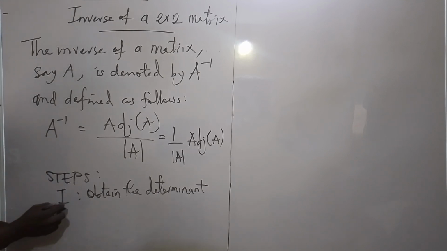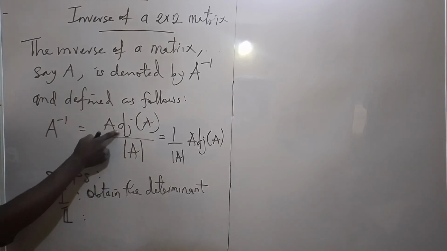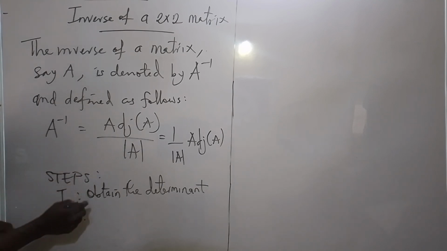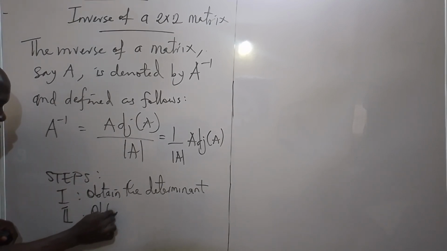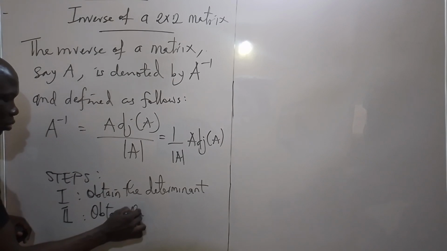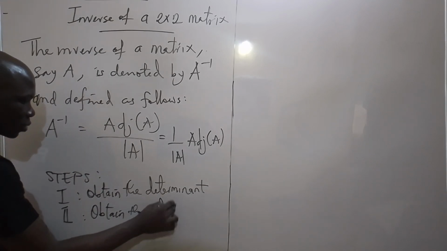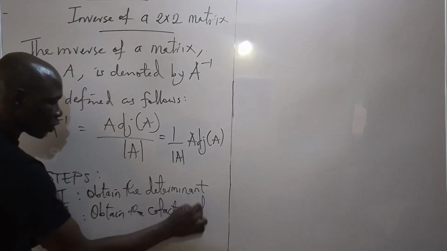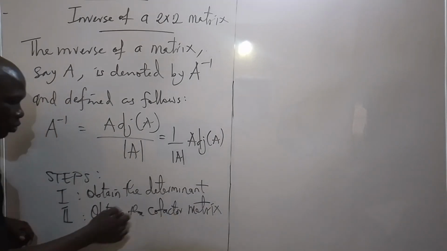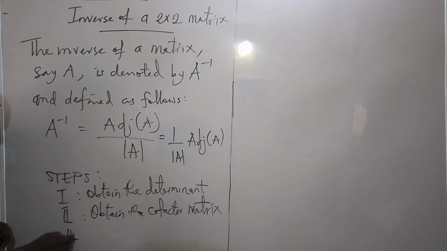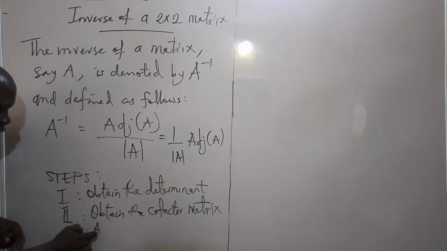Once you have the determinant of the matrix, number 2, we need to get the adjoint. But before the adjoint, you must obtain the cofactor matrix. When you have the cofactor matrix, then you can find the adjoint.